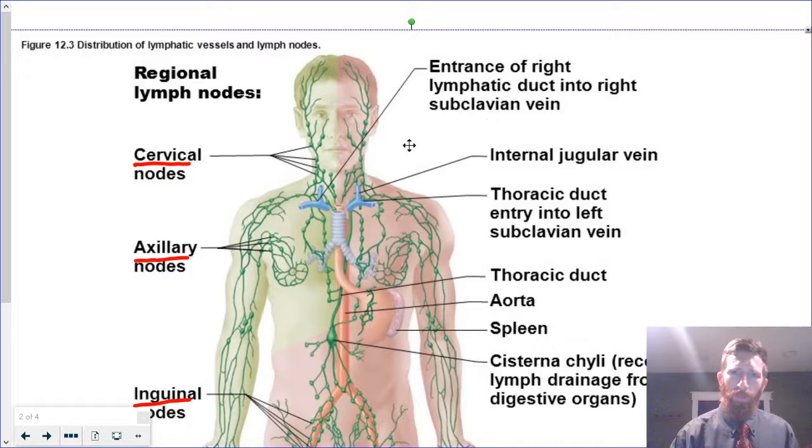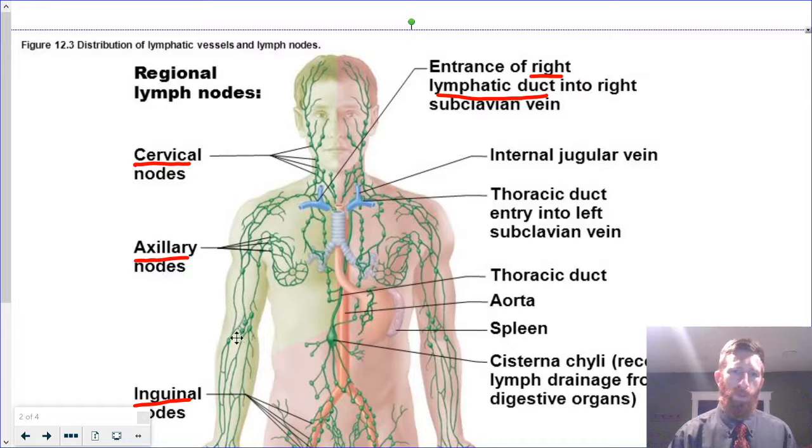The second thing to note is that you can see this area of this person's body is in green, and all the rest is flesh colored or pink. What that signifies is that we have our right lymphatic duct, and this is something I would like you to memorize.